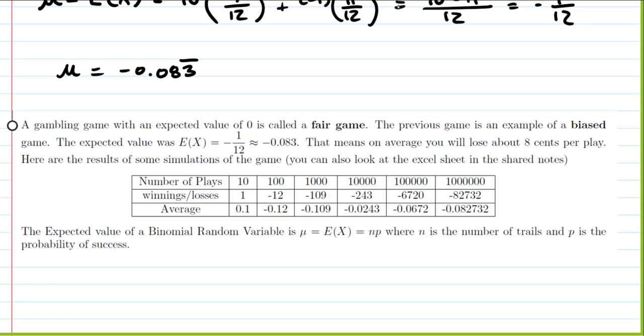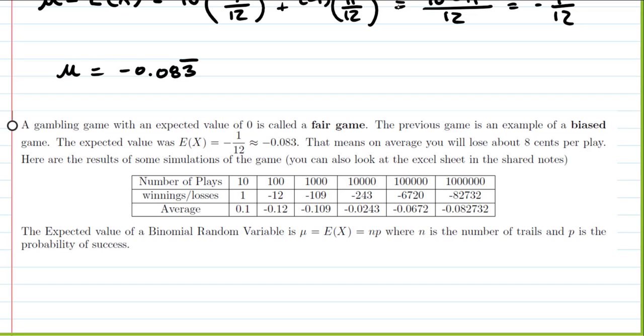So it's called fair, which means that your probability of winning is the same as your probability of losing in terms of prizes, which is what the expected value is. So a game with an expected value of 0 is called fair. The previous game is an example of what's called a biased game. The expected value is negative 1/12 or negative 8 cents, which means on average you lose 8 cents per play.